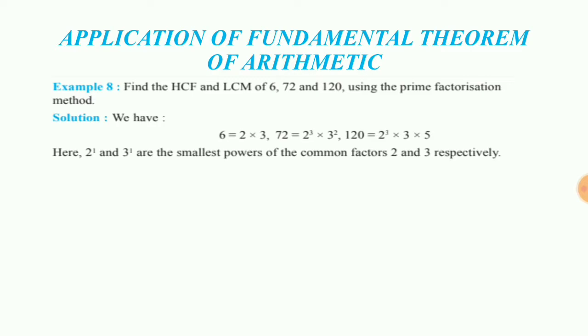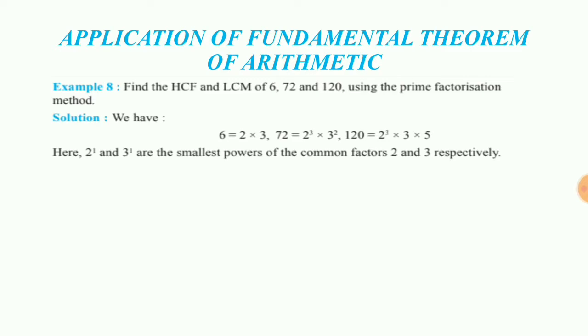Now here, when I want to find out the HCF, I will see what the common factors of these numbers are. Clearly, 2 and 3 are the common factors in 6, 72 and 120. Now to take out the HCF, the highest common factor, I will always take the smallest powers of the common factors, which are 2 and 3.